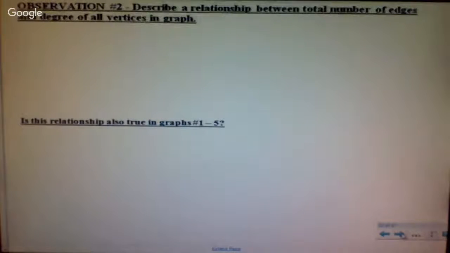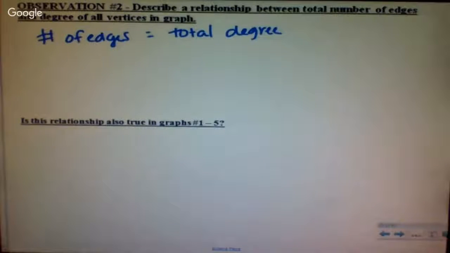Fantastic. So this leads us to observation number 2, which says the number of edges equals the total degree divided by 2. Your number of edges is half the amount of your total degree.